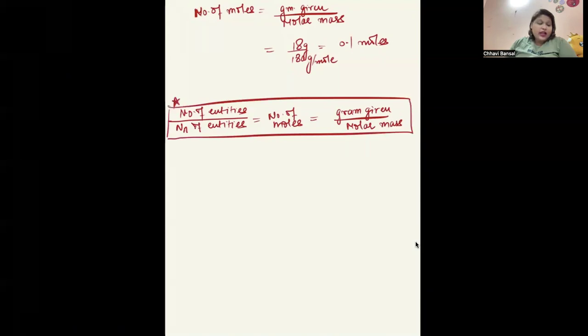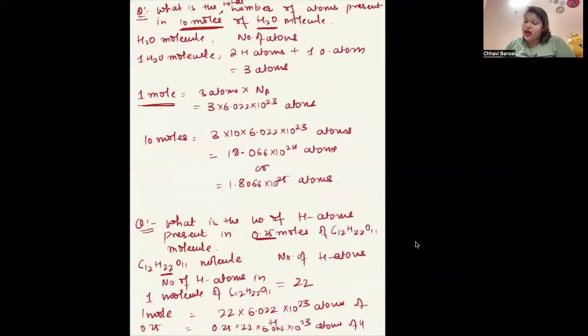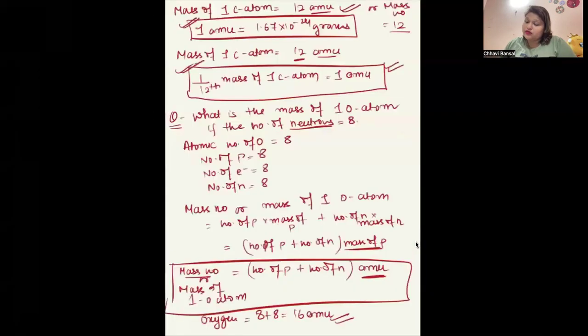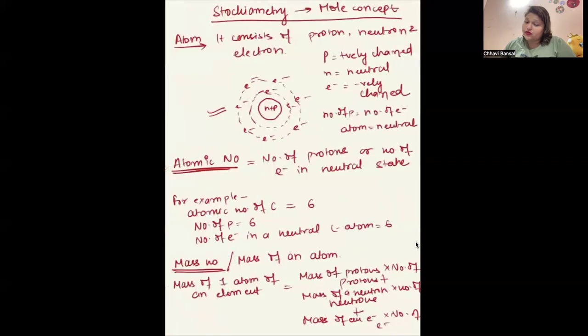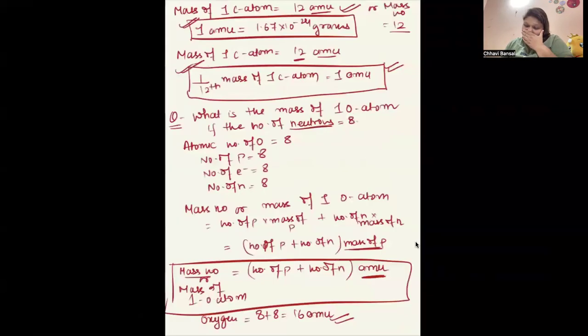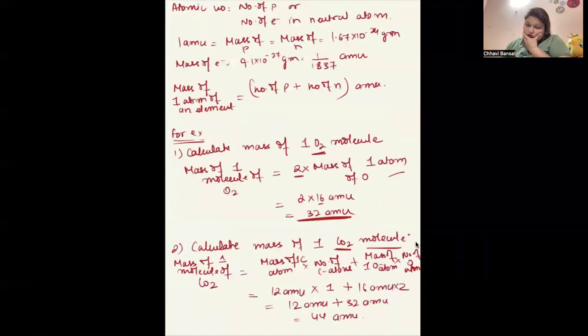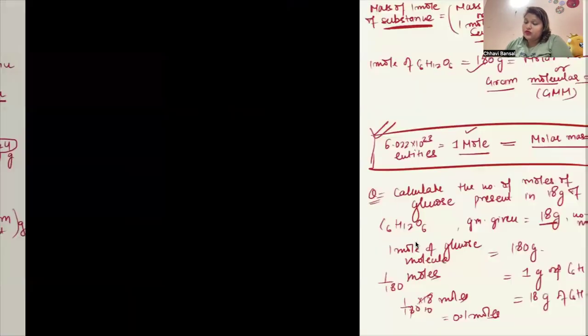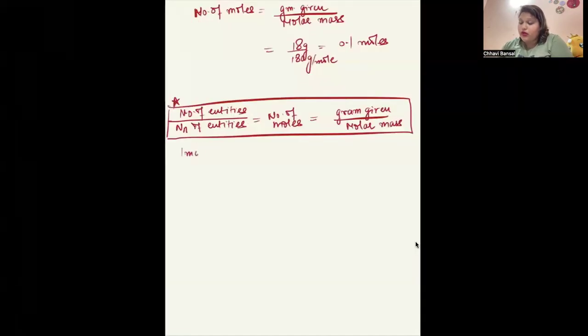Okay. Let's have a very quick revision of the formulas we did. So here we had a revision. After this, what we have studied? We have studied 1 mole is equal to 6.022 into 10 raised to 23 entities, right?